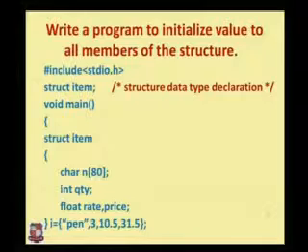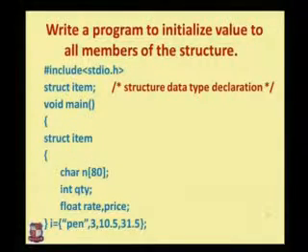Then float rate and price. Then we initialize i equals pen, 3, 10.5, then 31.5. So the item name is pen, quantity is 3, the float rate is 10.5 and price is 31.5.